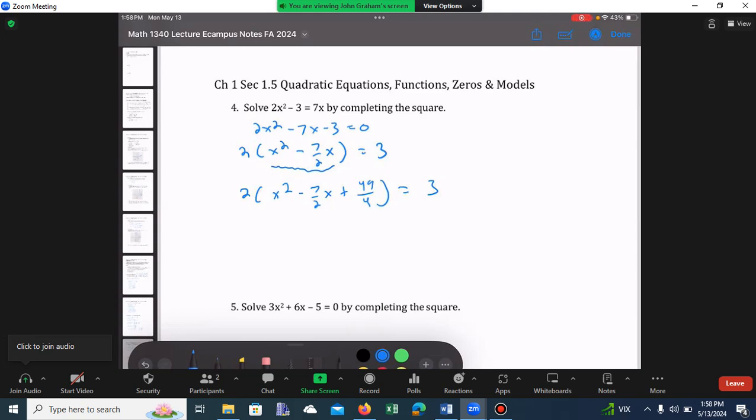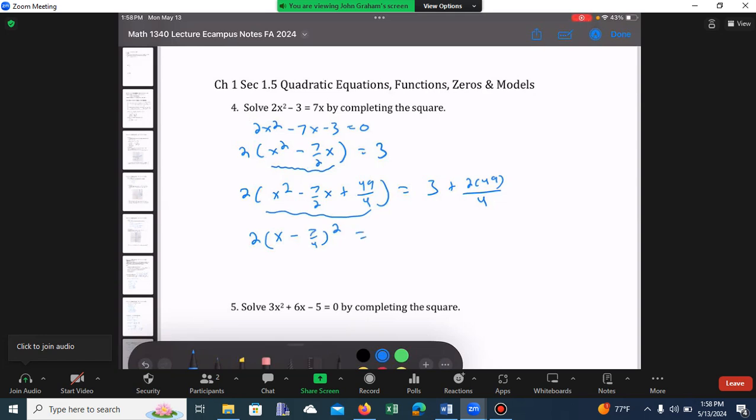So we have to also add in 2 times 49/4. This section then boils down to what I had before, x minus 7/4 squared times 2.